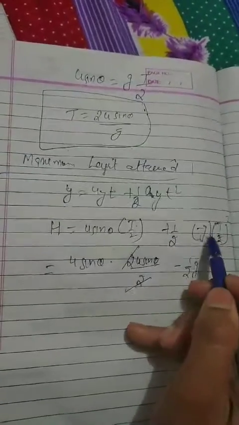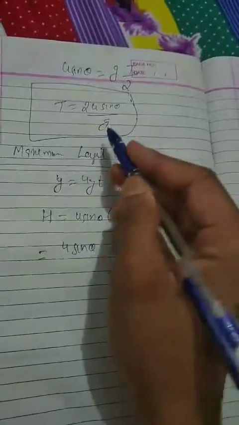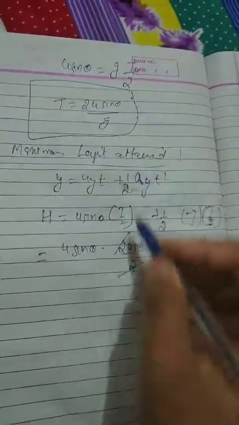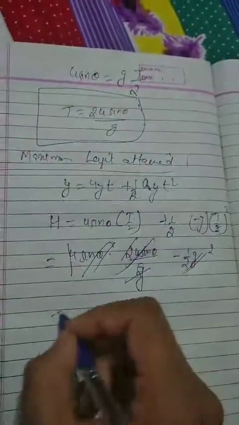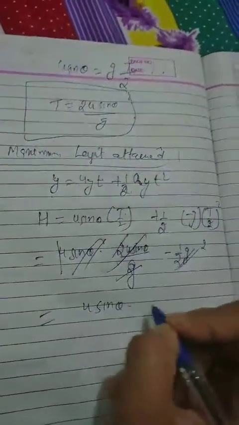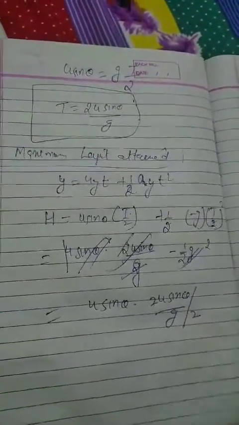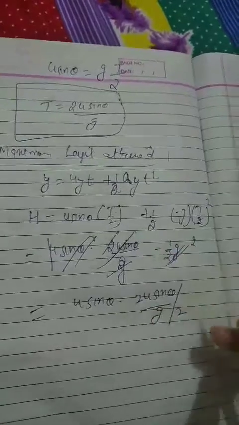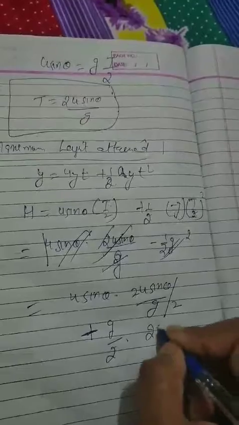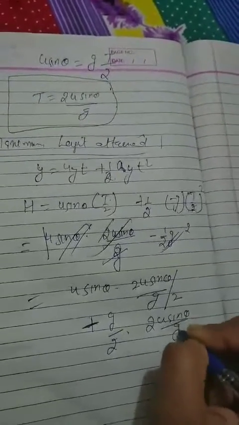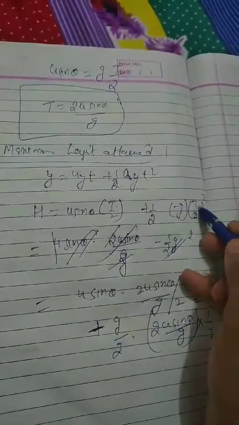Then ay is minus g, and we will put the value of t, that is 2u sin theta upon g. So it is u sin theta times 2u sin theta upon g, divided by 2, minus g by 2 times 2u sin theta upon g into 1 by 4, because it is t by 2 square.